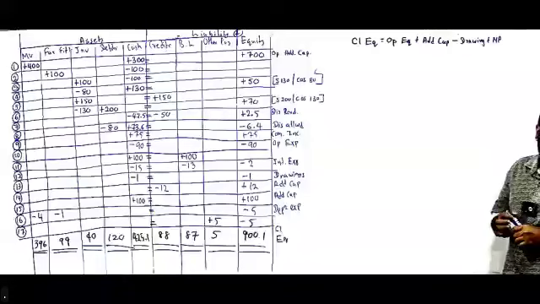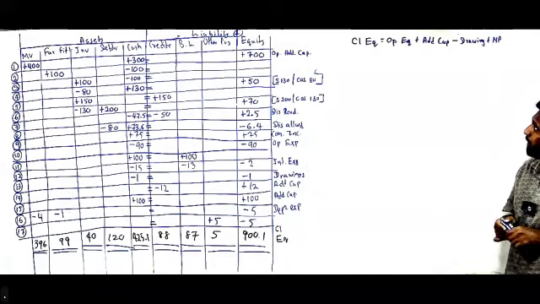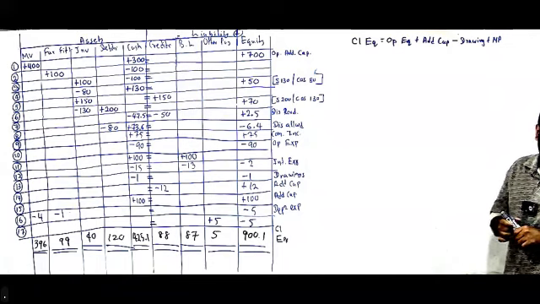Closing equity equals opening equity plus additional capital minus drawings plus the net profit.